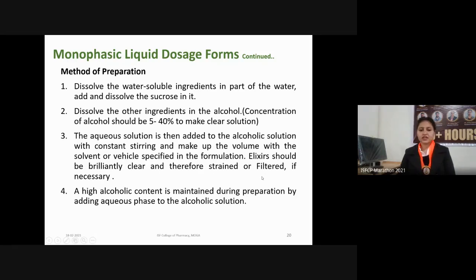If it is required, then we can do this also. The fourth step is that a high alcoholic content is maintained during the preparation by adding the aqueous phase to the alcoholic phase. We will add the aqueous phase into the alcoholic phase to maintain the high alcoholic content. This is the method by which we will prepare the elixir.